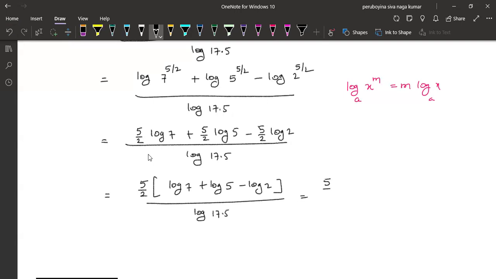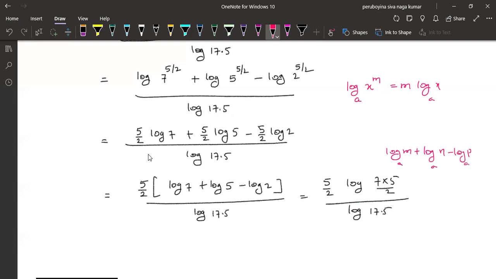That is equal to 5 by 2 of, you can write 7 into 5 by 2. Here I am using the property. The property is log m base a plus log n base a minus log p base a, and this value is equal to log of mn divided by p.